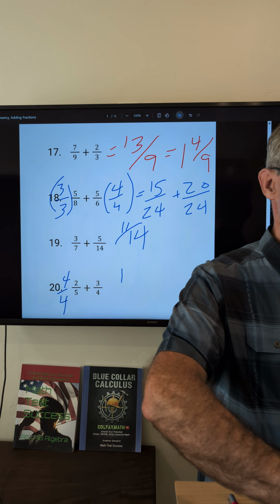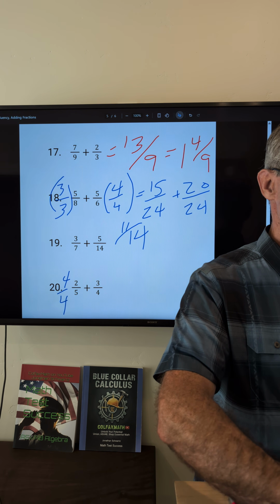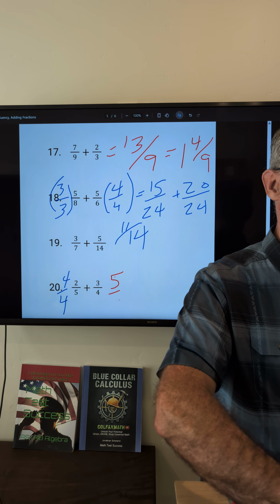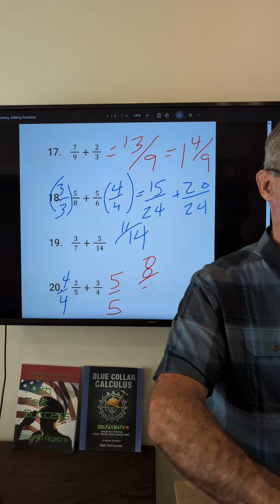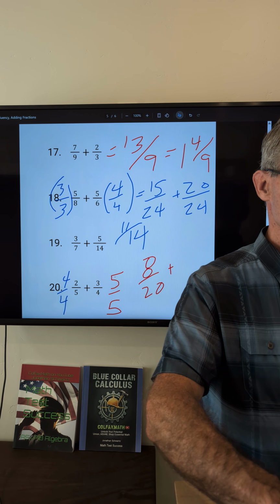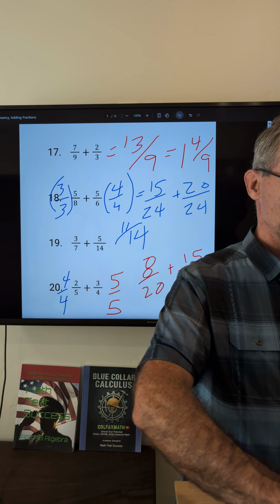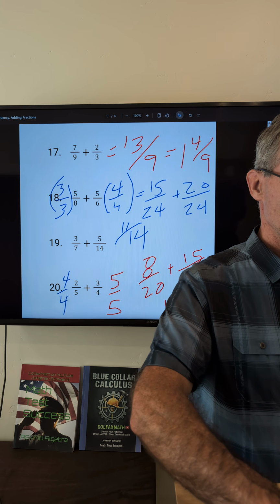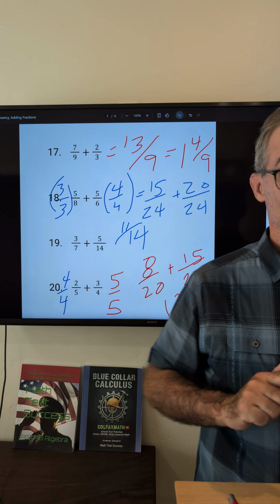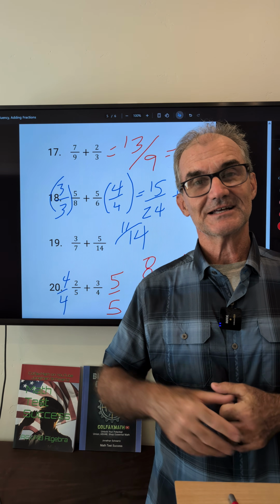Almost made a mistake there. 4 over 4. I'm going to multiply this by 5 over 5 to get 8/20 plus 15/20, or 23/20 or 1 3/20. Again, the way you build fractional fluency, especially on the job site, is practice.